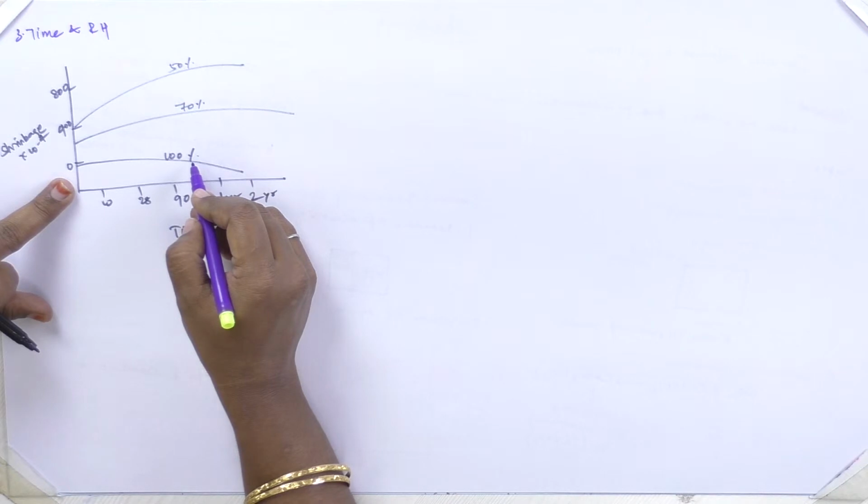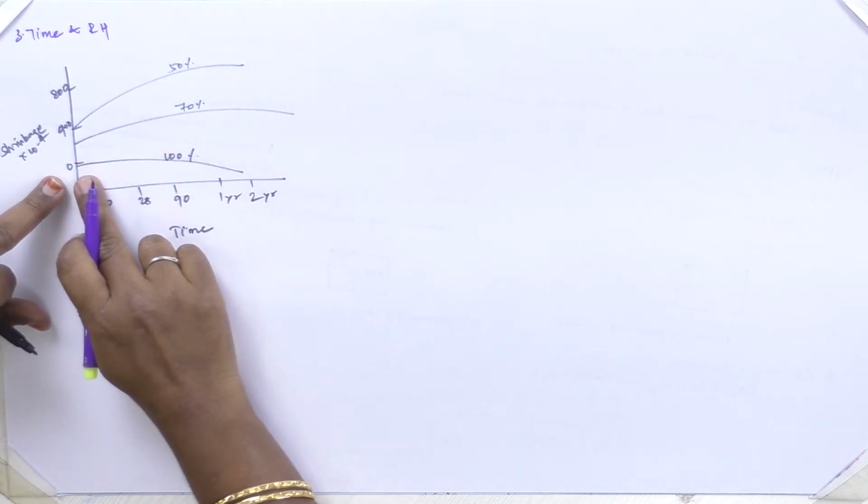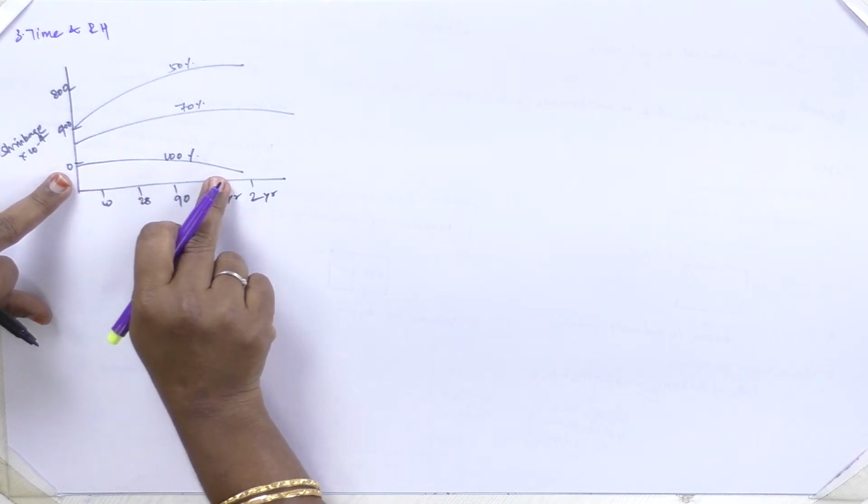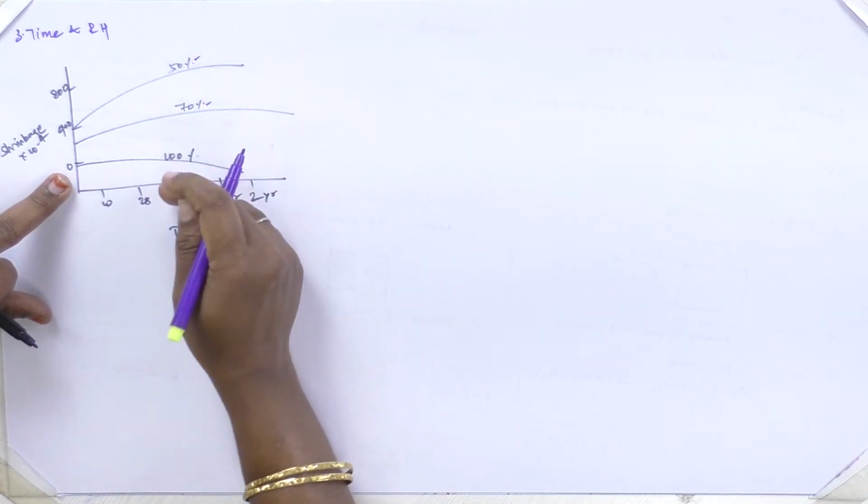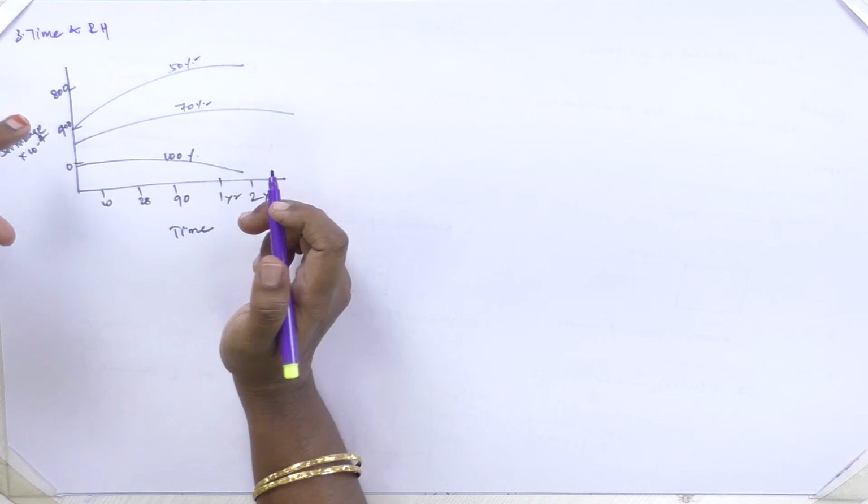If I am having 100% relative humidity, then that specimen is exhibiting lesser shrinkage when compared to 50 and 70%.